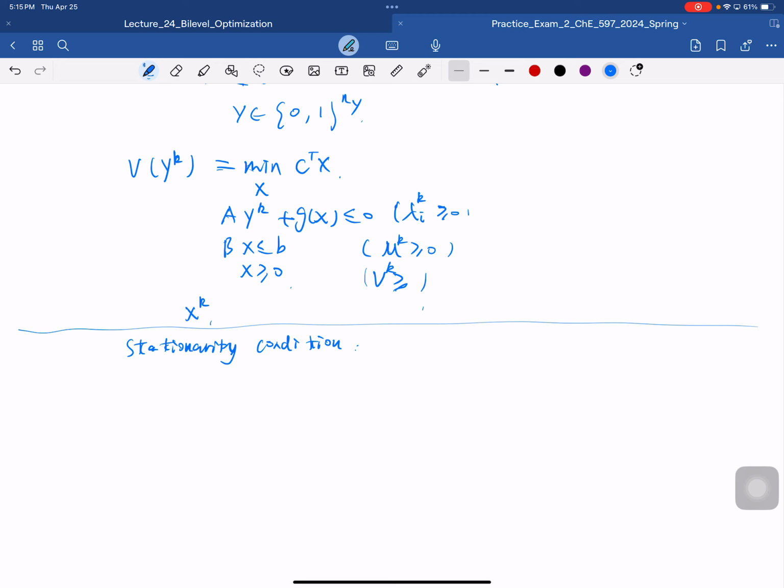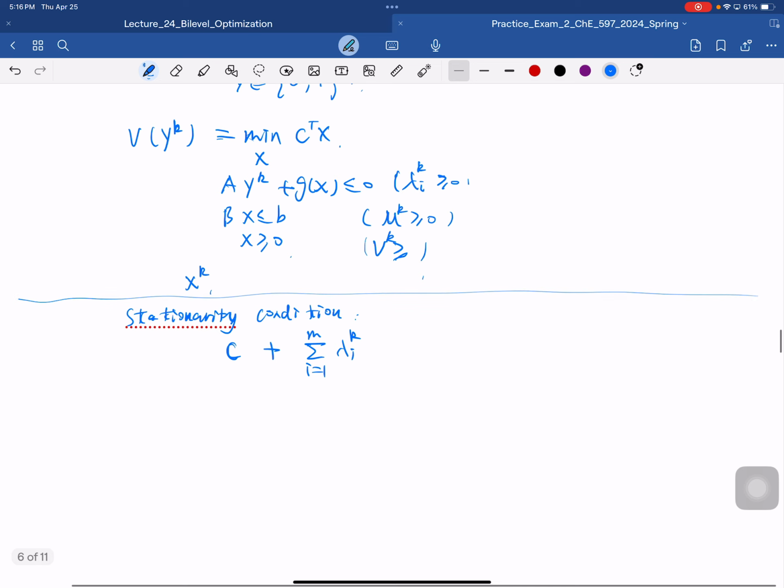So they should be c plus sigma of i, let's denote all the nonlinear constraints from 1 to m, lambda_i^k times the gradient of the i-th constraint, plus mu transpose b, or should be b transpose mu.